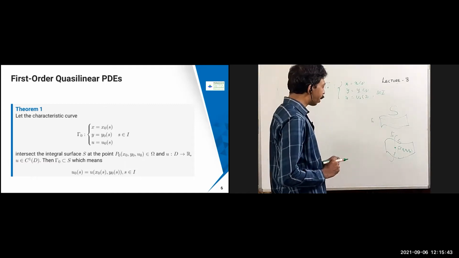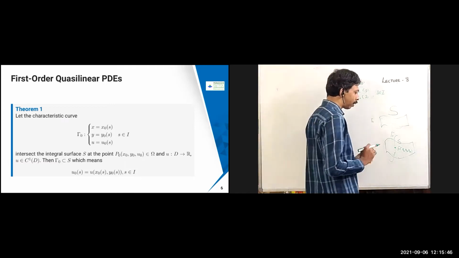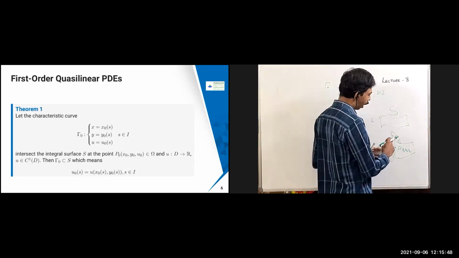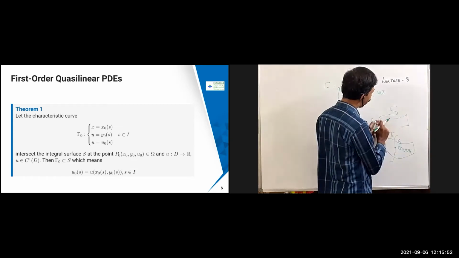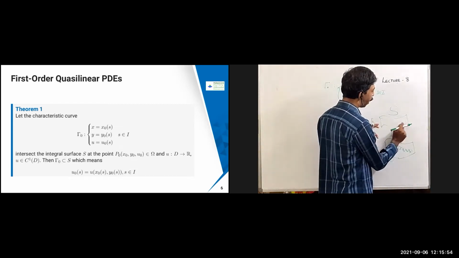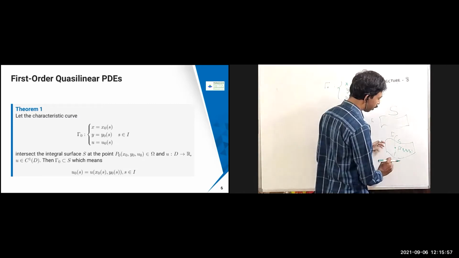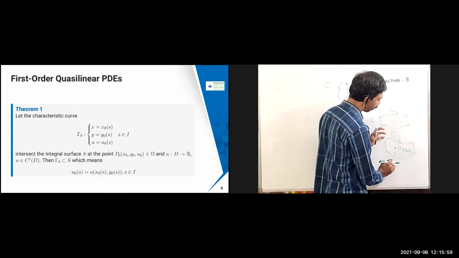Then what this theorem is going to say is that this gamma naught is not only intersecting, it is completely a subset of the surface. It is not just a curve which is passing through this point.